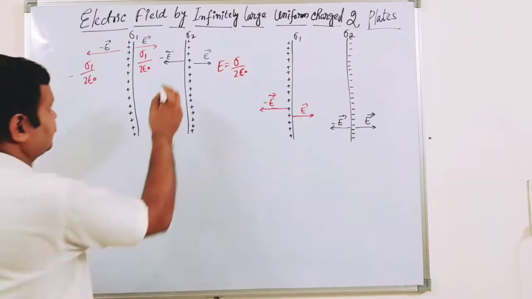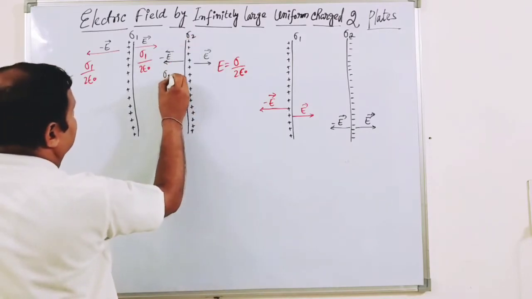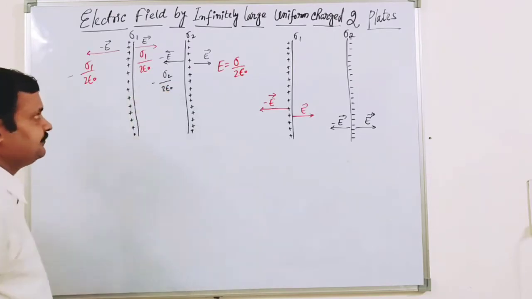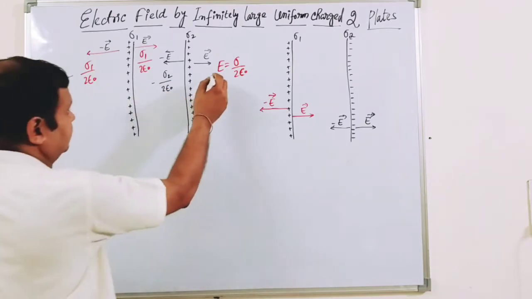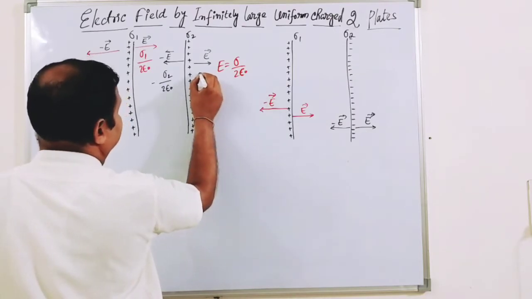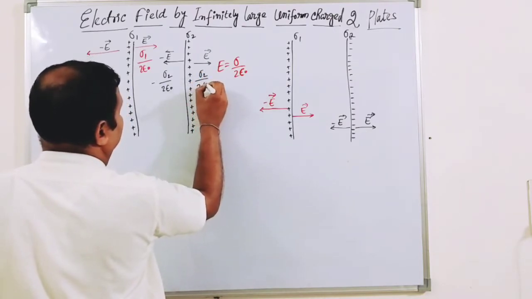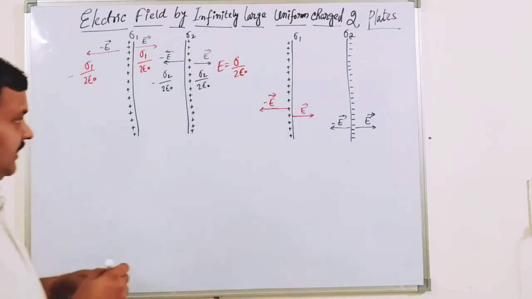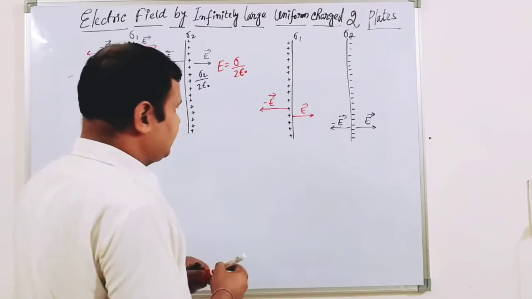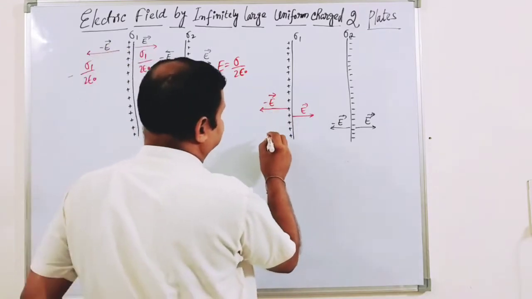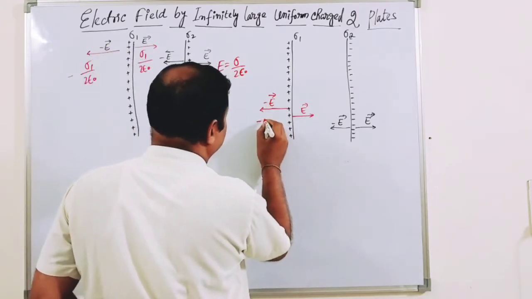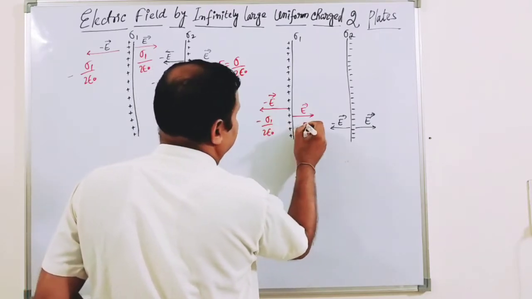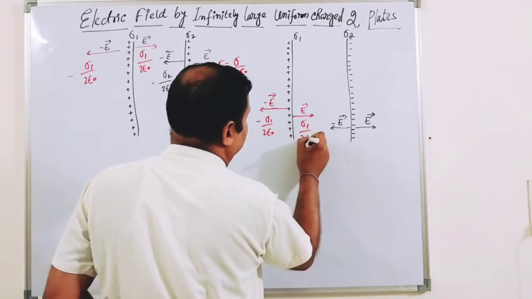For this plate it will be sigma 2 by 2 epsilon naught, this negative and this one sigma 2 by 2 epsilon naught, positive. Similarly in this condition, this will also be negative: minus sigma 1 by 2 epsilon naught, and this is plus sigma 1 by 2 epsilon naught.